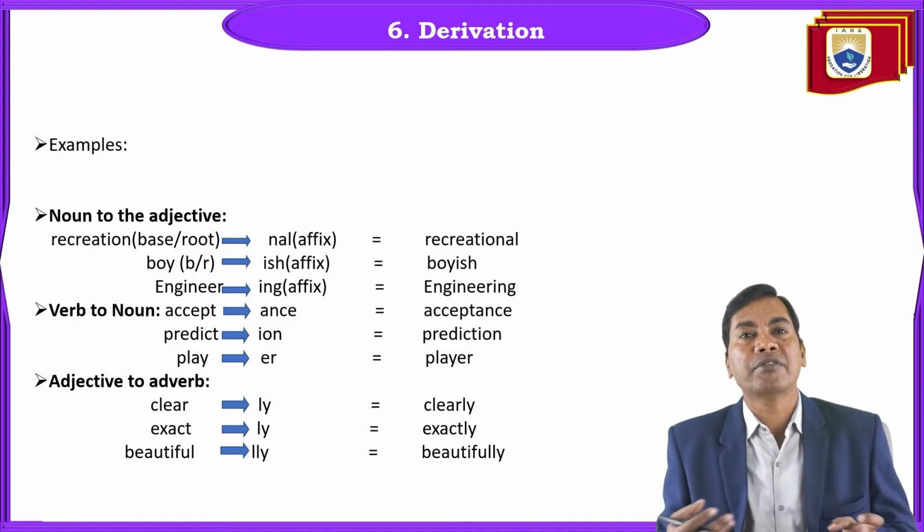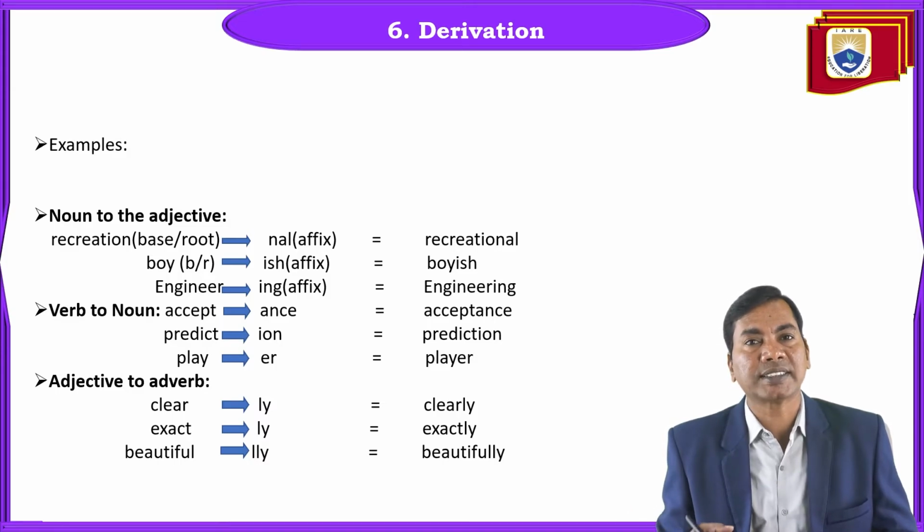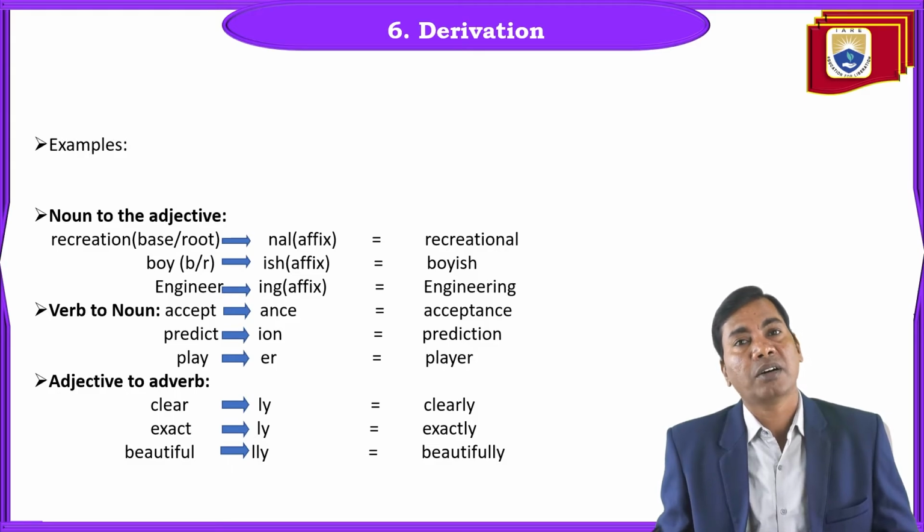In another simple way, bound morphemes are nothing but prefixes or suffixes, right? Or sometimes you may use inflectional morphemes also, like s to make plural, s to make third person singular verbs, right?